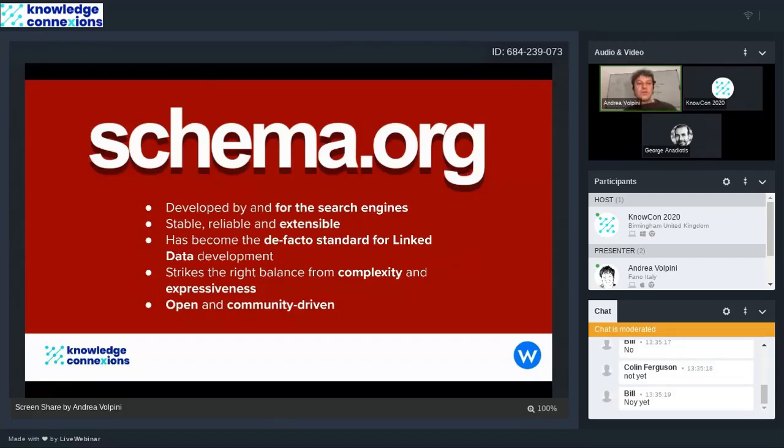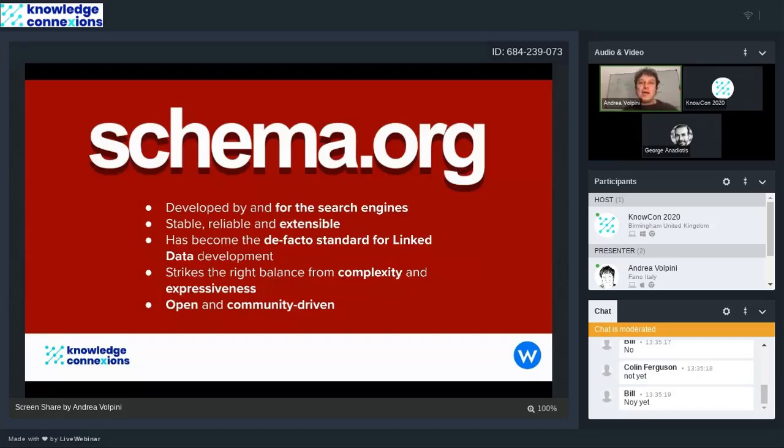There is an open community. There are, of course, also a lot of debates on the role of Google inside this community. Maybe it's too strong, maybe it's too weak, but in practice there are a lot of opportunities for you to get into the arena and sustain the growth of the vocabulary, which today consists of 841 types, so different classes.